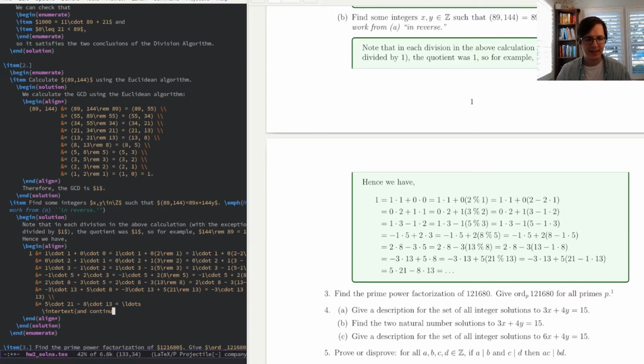And continuing in this way, we get, I think I need a double backslash for this to work right. So it's going to be something \cdot 144 plus something \cdot 89.